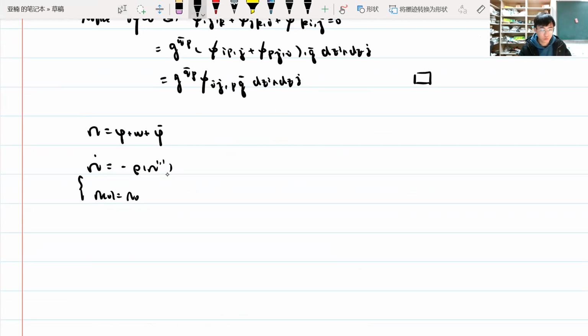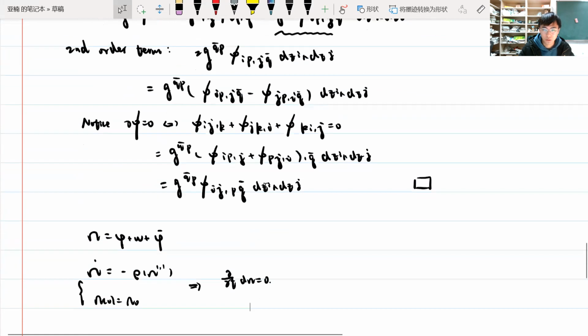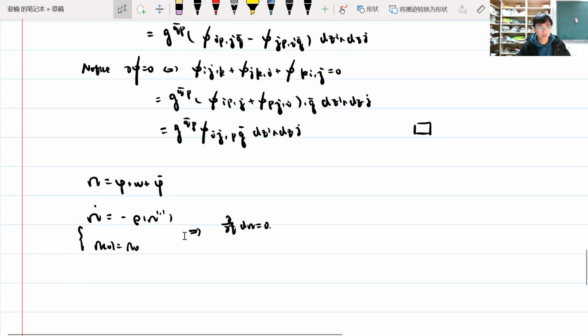And if we use this form, it is easy to see that it preserves the closed condition. But at first, I didn't know.